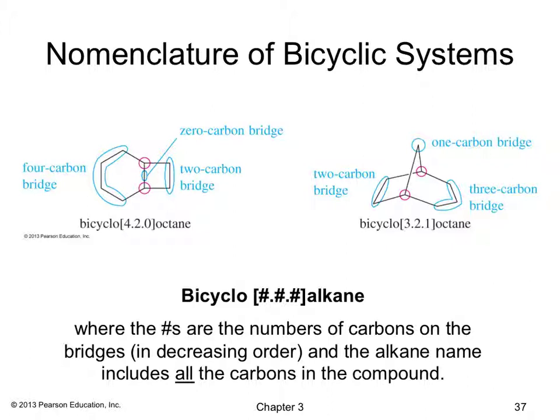The numbers are the numbers of carbons on the bridges in decreasing order. We start with the highest number and go to the lowest. So there are 4, and then 2 and 0, so it would be 4, 2, 0. Bicyclo here would be an octane because there are 8 carbons. In terms of numbering, it would be 3, 2, and 1.